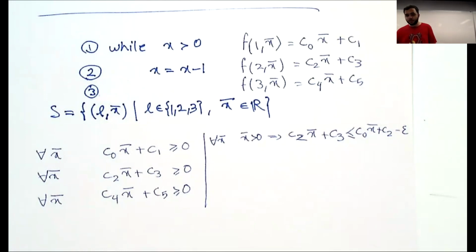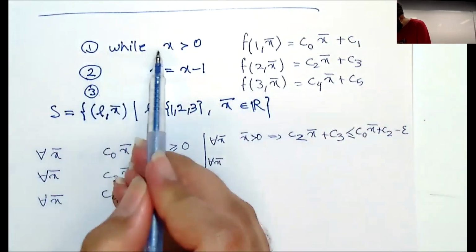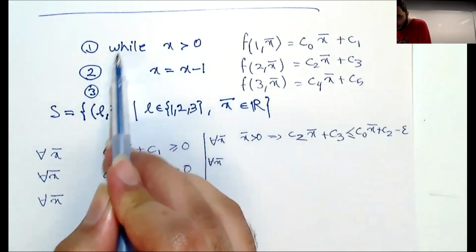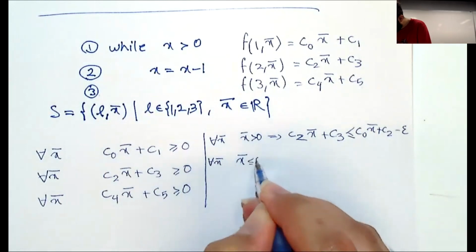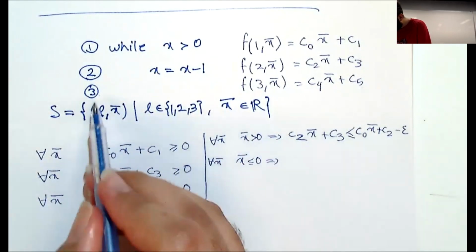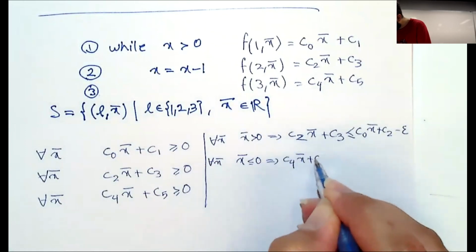So we have to find values for C0 to C5 and also for epsilon. Similarly, if I'm at line 1 and the while condition does not hold, I will go to line 3, and the value that I have there is C4 x bar plus C5.